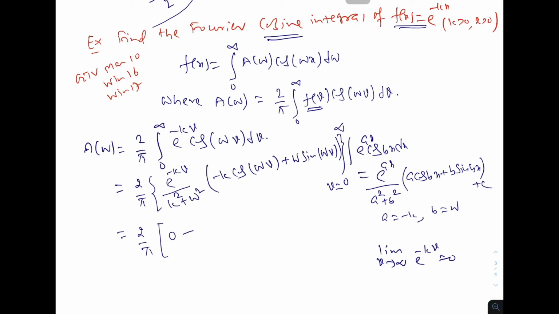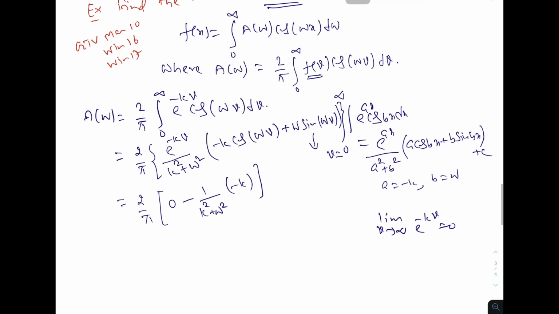Now for v equal to 0, e^0 is 1, so 1 upon k square plus omega square; sin 0 is 0, cos 0 is 1, so that is minus k only. So this is nothing but 2k over pi (k square plus omega square). This is our A(omega).